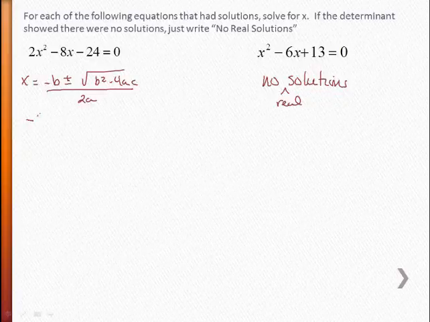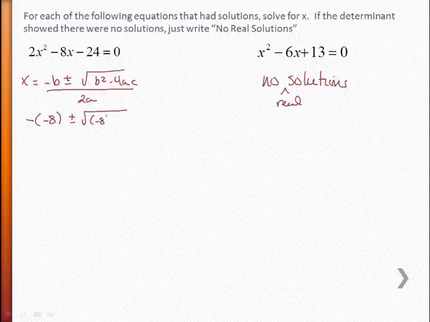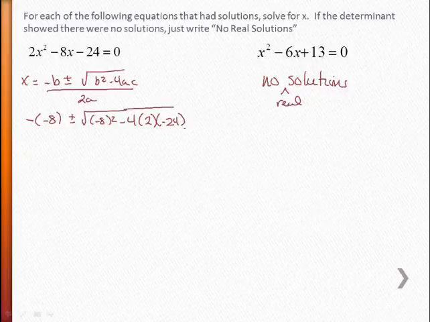So I have negative b, which is negative negative 8, plus or minus the square root of negative 8 squared minus 4 times a times c, all over 2 times a.